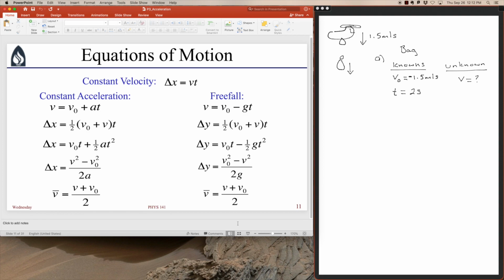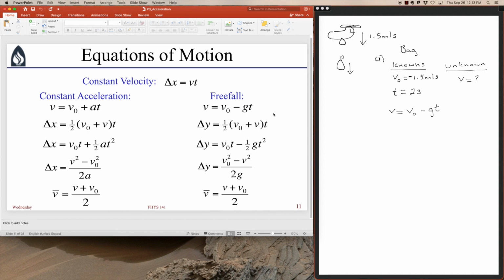And another thing, of course, that I know is the value of g. So if I look at my expressions, it looks like this first one might do the trick. So that first expression says that v is equal to v naught minus gt. And I know the value of v naught, I know the value of g, and also of t.